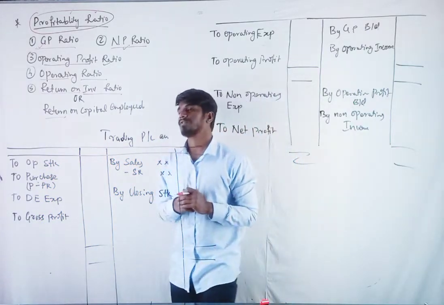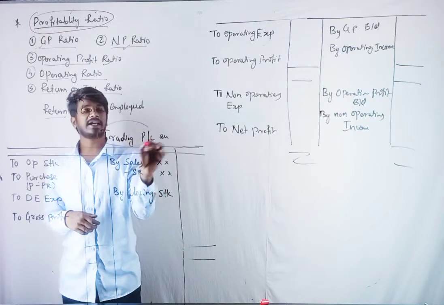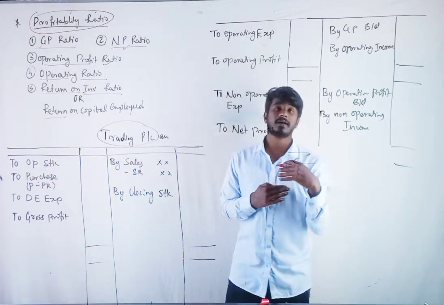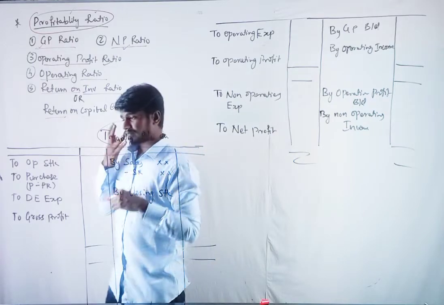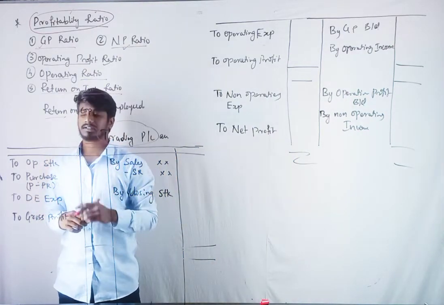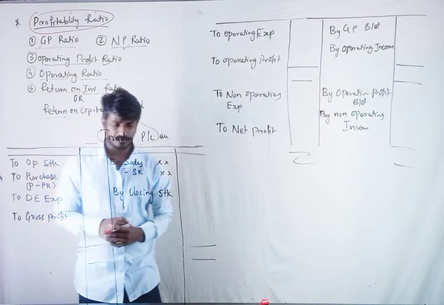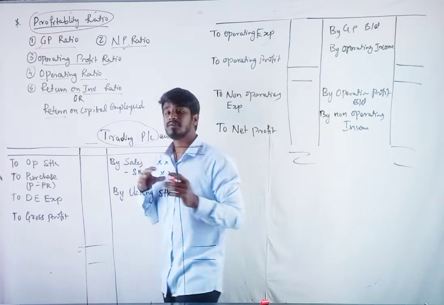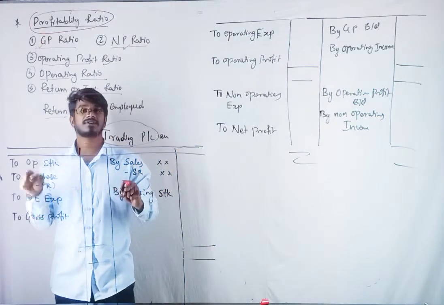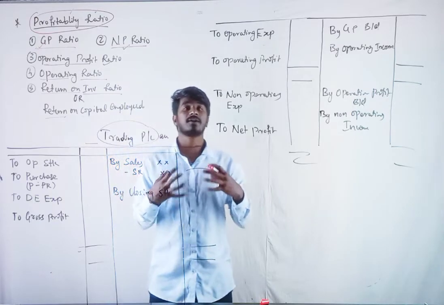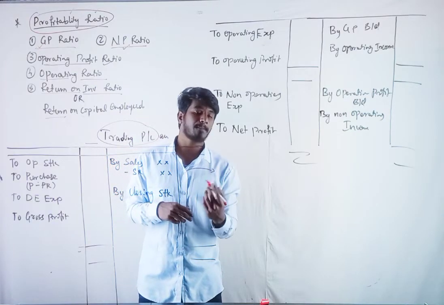To understand this, first you should know trading and P&L account. Let us understand this. First, trading account. In the trading account, we will record the transactions which are directly related to the manufacturing of a product.